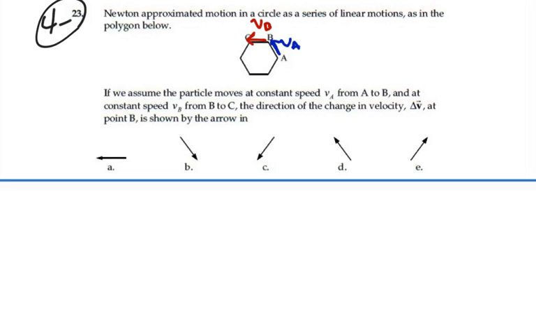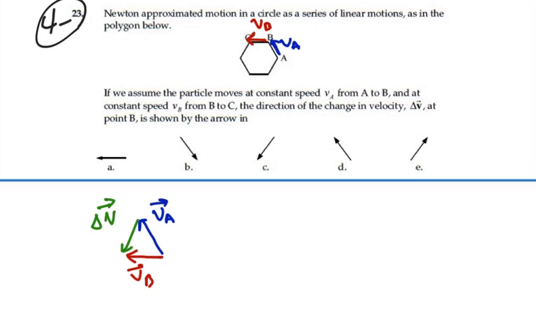So in a sense, if we put them end to end, we would have a velocity A going like this and a velocity B going like this. So our change in velocity would be this one.